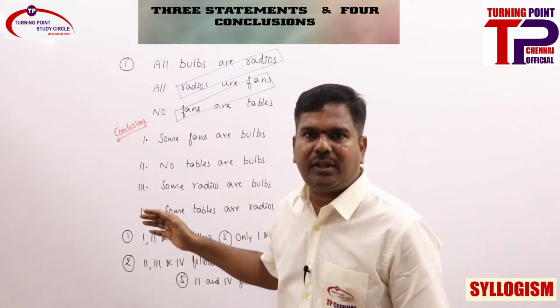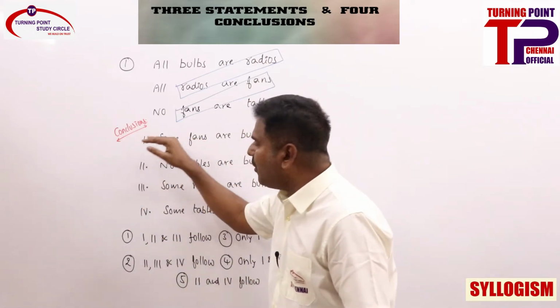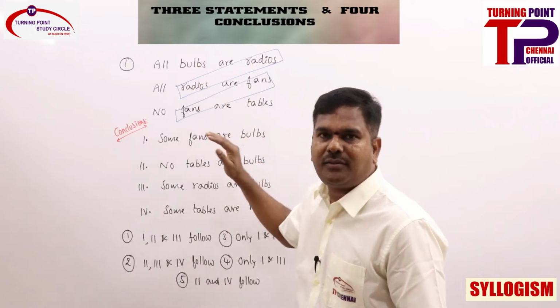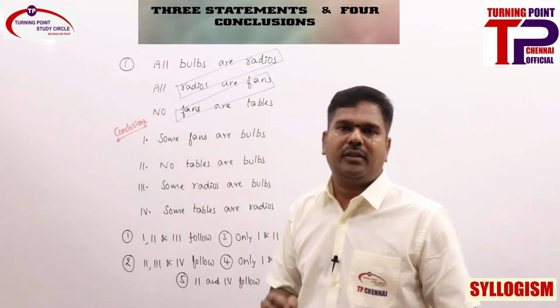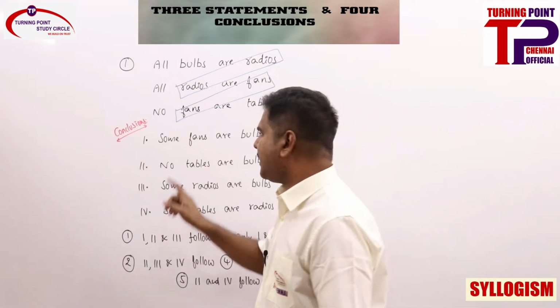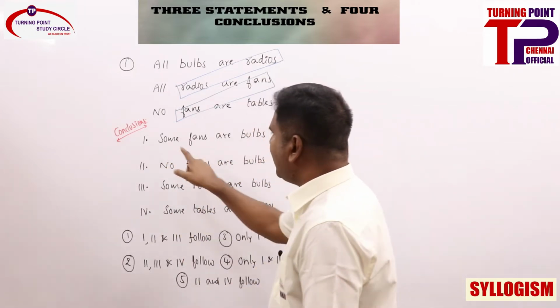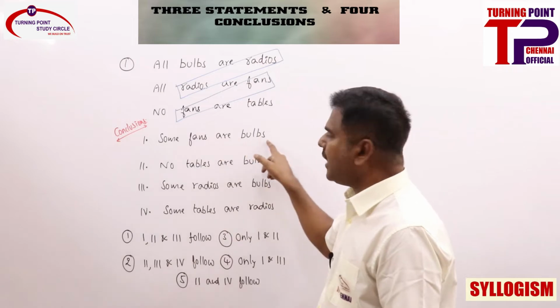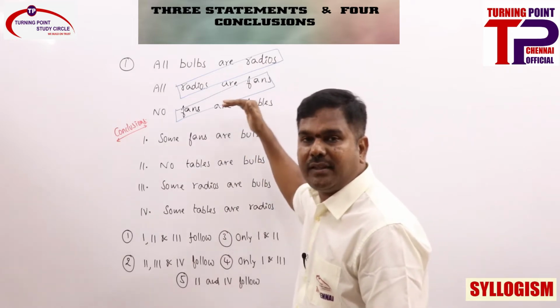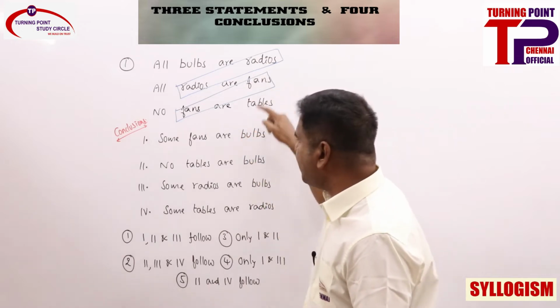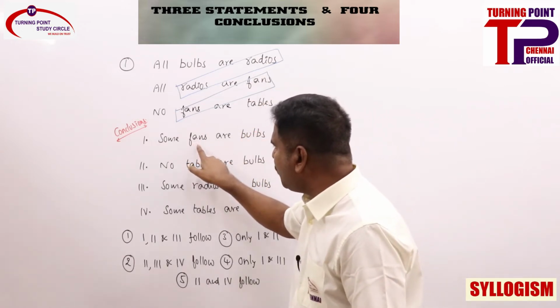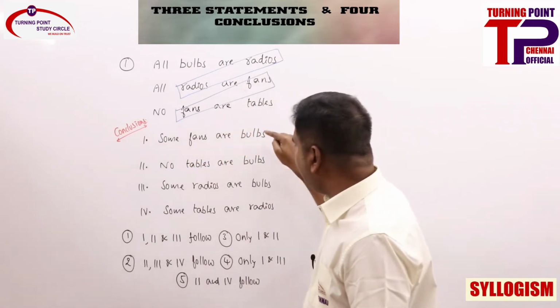We solve the problem from back to front, that is, from each conclusion we check the statements. So how are we doing this process? Take the first conclusion. What is the first conclusion? Some fans are bulbs. We need to see the relevant statements given, that means any statements relating to fans or relating to bulbs.